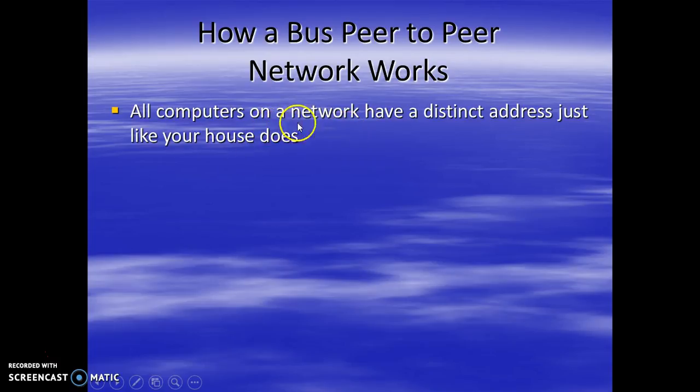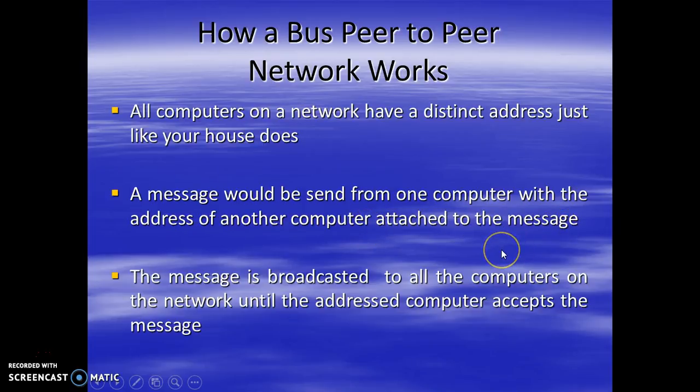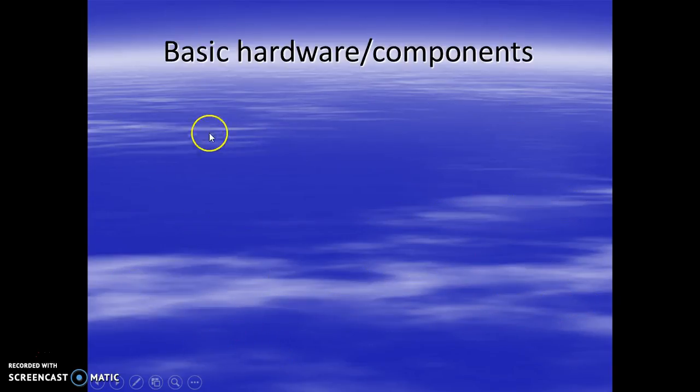All computers on a network have a distinct address just like our house does. A message would be sent from one computer with the address of another computer attached to the message. The message is broadcast to all computers on the network until the addressed computer accepts the message.